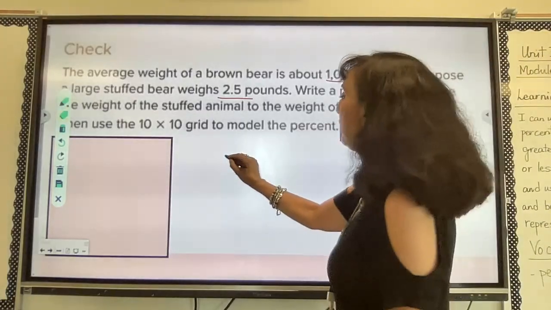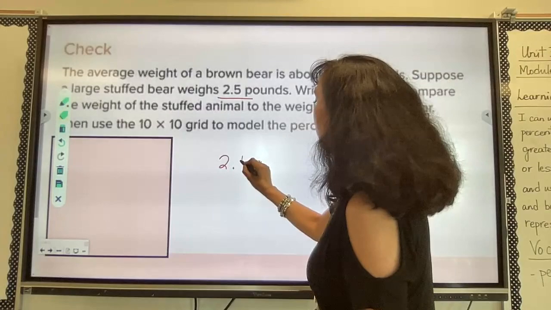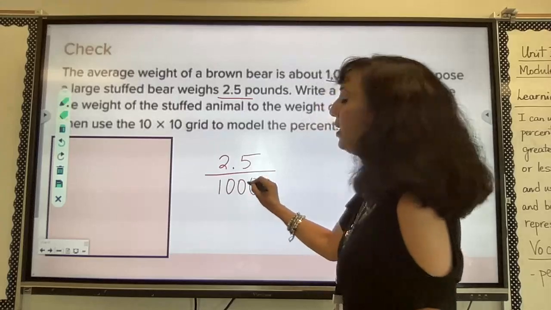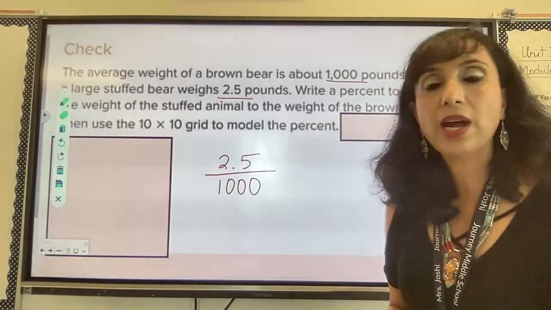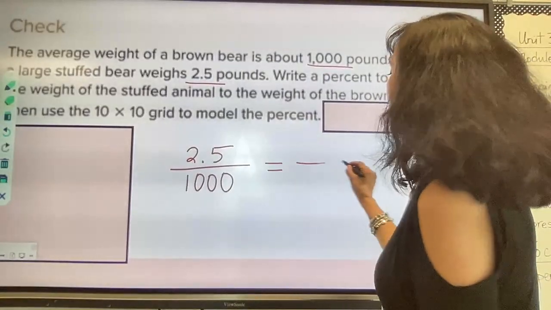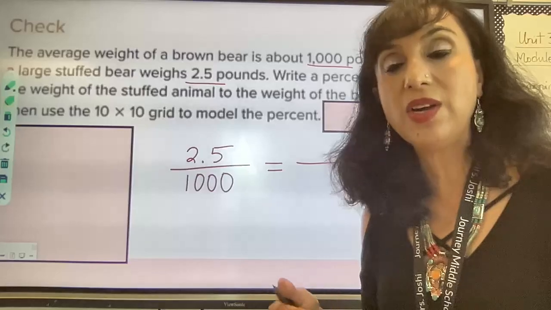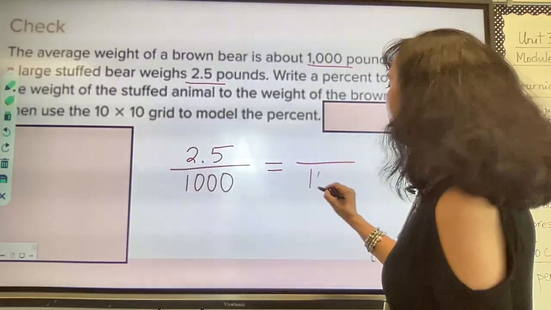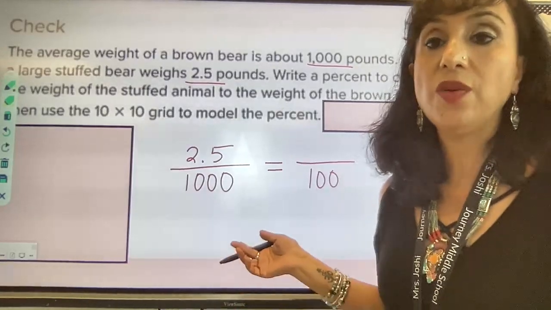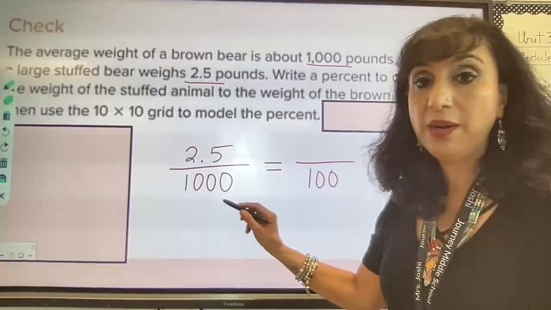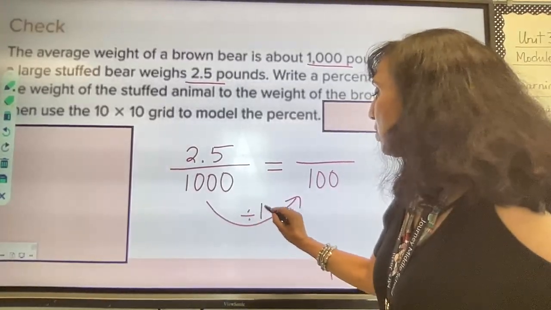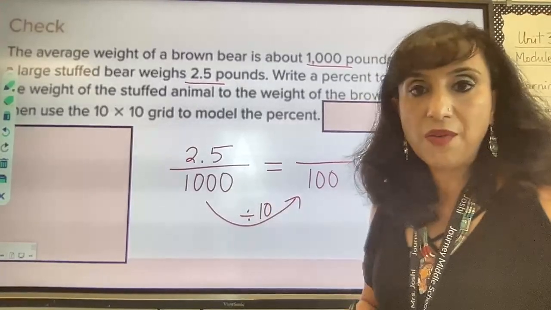So we're going to write a ratio out. We have 2 5/10 to 1,000. Then we are going to change this to a percent, and for a percent, my denominator is always 100. In order for me to get that 100, I need to divide by 10, because I've got to get rid of a 0.